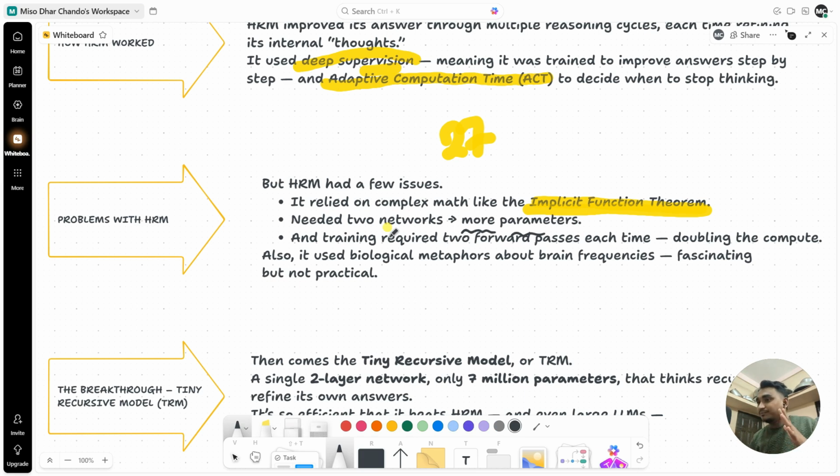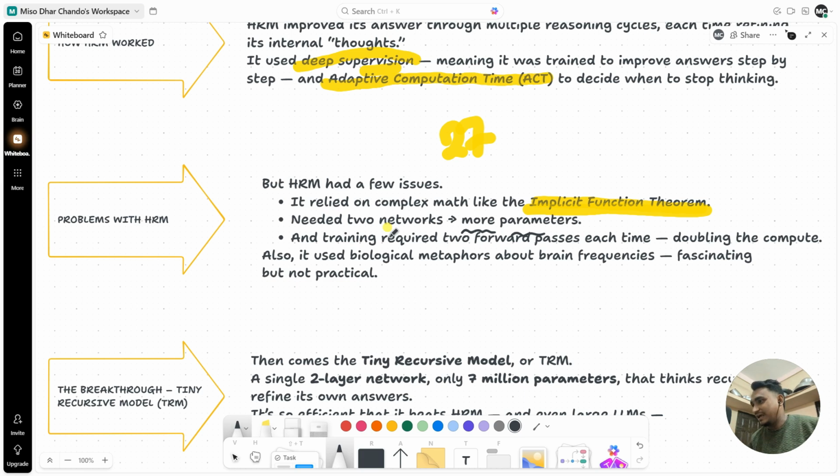Also, when we have two networks, it requires recording forward passes each time during training, and it doubles the computation. When you create a gradient, you need to create the forward pass. So when you create two neural networks, you also need to implement two forward passes in a single function.